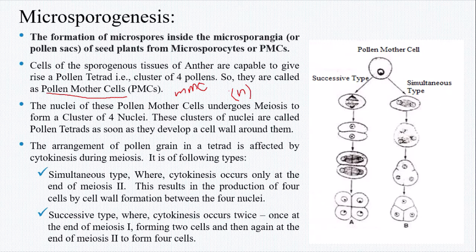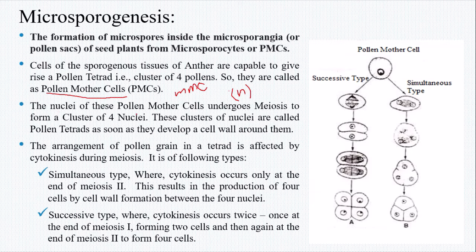They will be haploid and will have half the set of chromosomes. Now these haploid nuclei will undergo meiosis second, which is equational division, and haploid nuclei will form again. Each nucleus is haploid and will have n number of chromosomes.